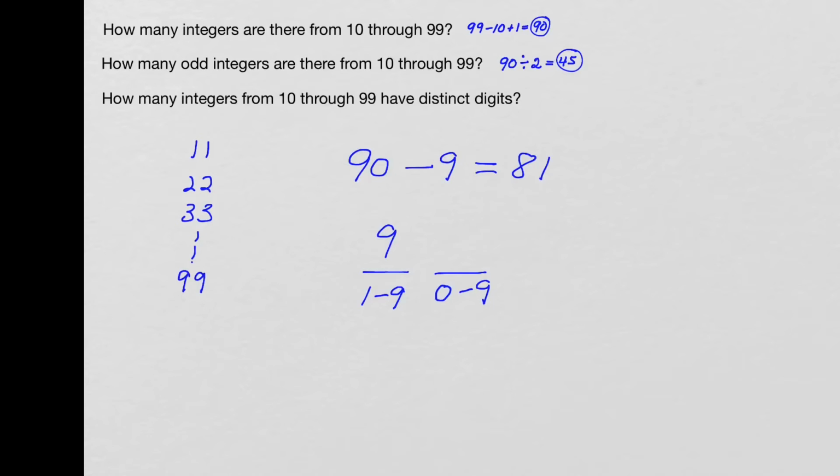So that would be 10 possibilities, but because they have to be distinct, we have to take away 1 for whatever we used in the first place. So there were 10, 0 through 9, minus 1 gets us back down to 9. So it's 9 times 9, which gives us 81. So 2 different ways of looking at that. Either way, you get 81 for the answer.